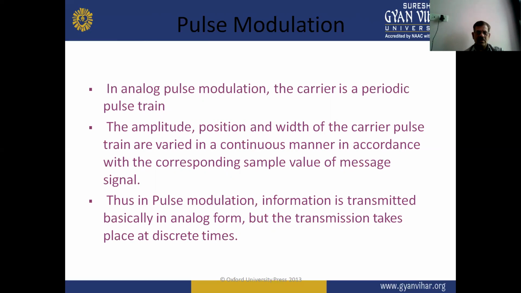The amplitude, position, and width of the carrier pulse train are varied in a continuous manner in accordance with the corresponding sample values of the message signal. Thus, in pulse modulation, information is transmitted basically in analog form, but the transmission takes place at discrete times.